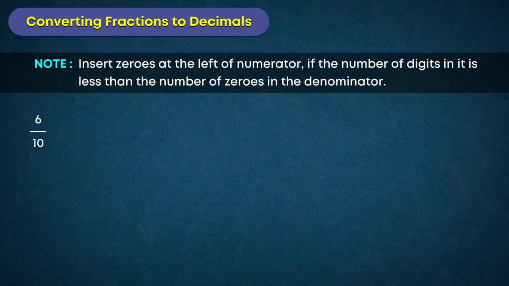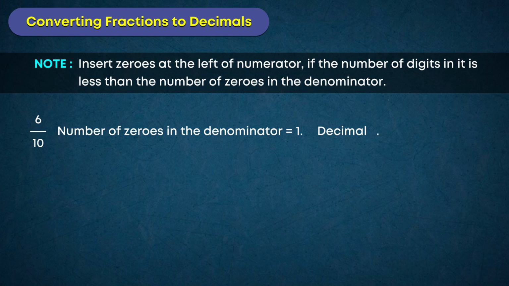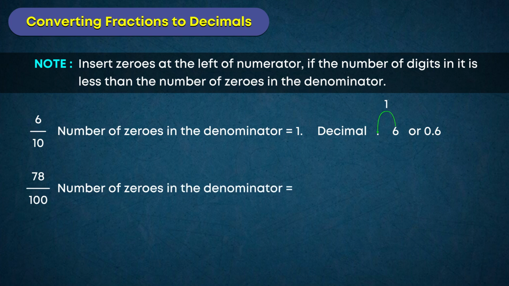6 by 10. Number of zeros in the denominator is equal to 1. Decimal is 0.6. 78 by 100. Number of zeros in the denominator is equal to 2.